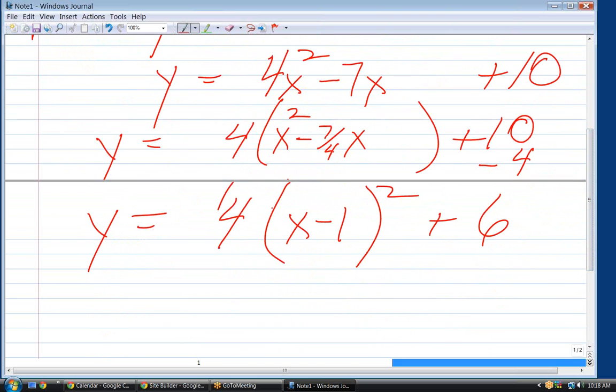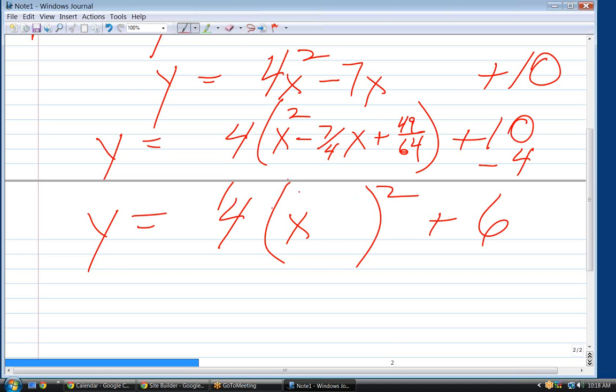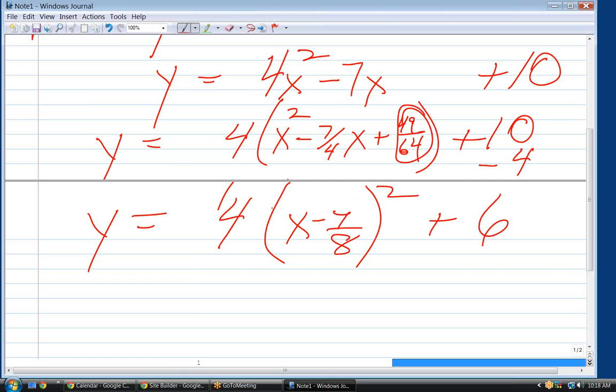I'm going to take half of 7/4, which is 7/8. I'm going to square it, and that's 49/64. This down here is going to become minus 7/8, and 4 times that number will be what I have to subtract from the same side.